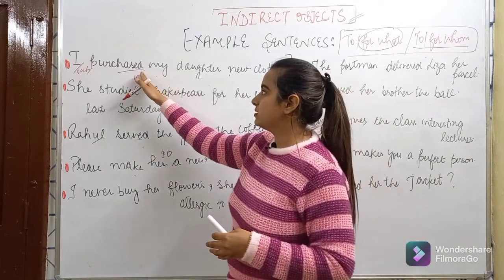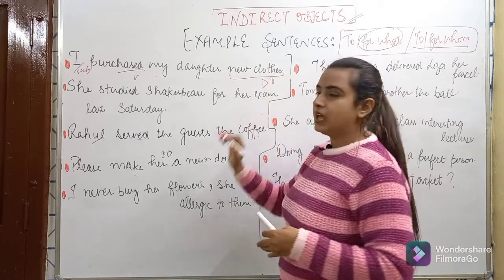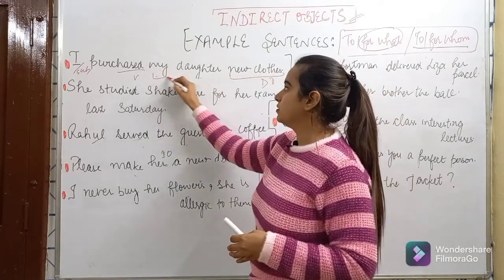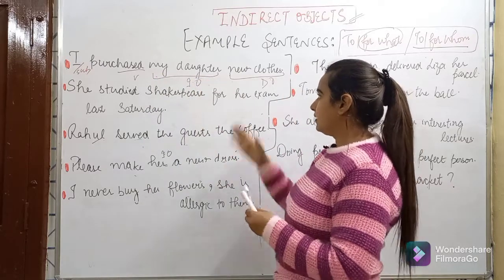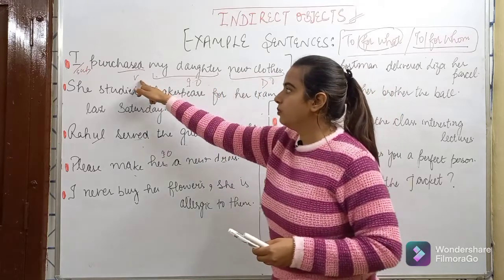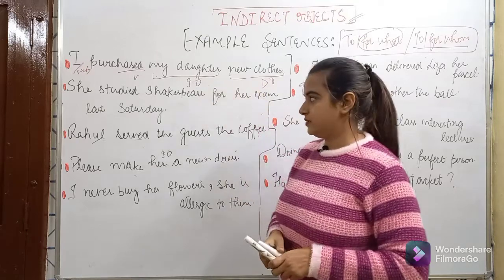The action of purchasing was performed on new clothes, so it is your direct object. And for whom did I purchase new clothes? For my daughter, for sure, it is your indirect object. So the verb goes to the direct object, then it is moving to the indirect object.